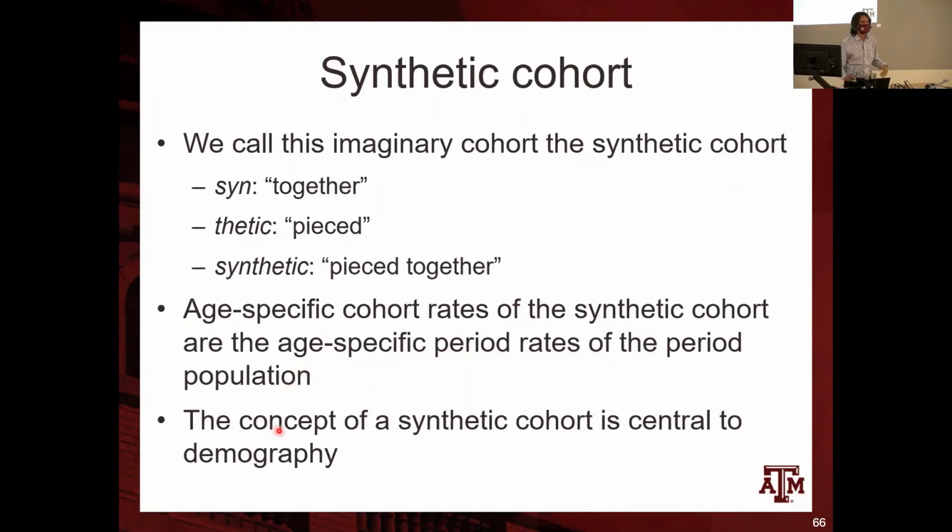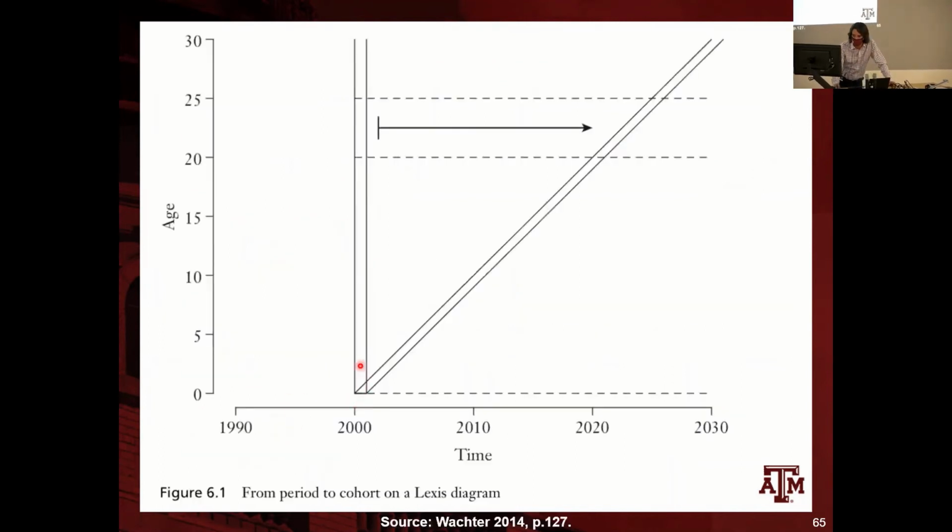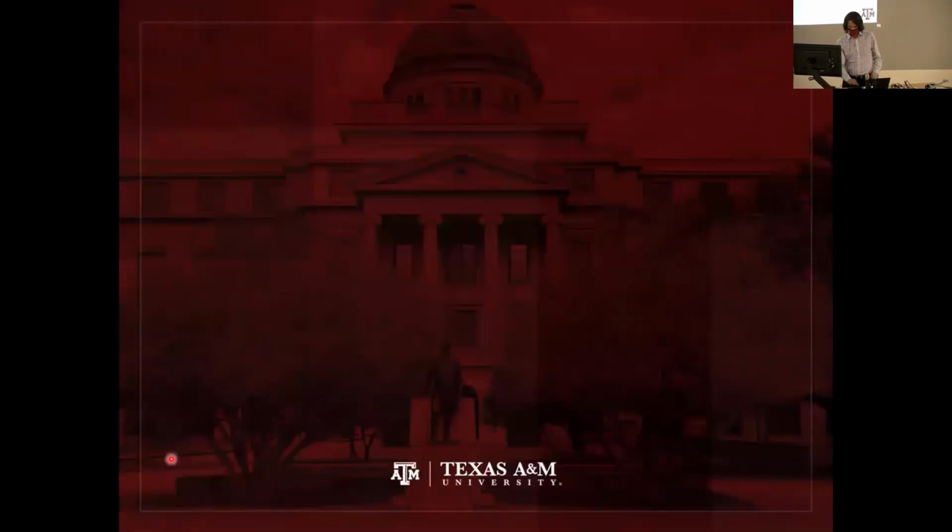And this concept of synthetic cohort is central to demography because we are actually getting data for one single specific year and saying, if a group of people experience these rates throughout their lives, as they get older, they would have this amount of children and they would live this amount of years on average. Okay?